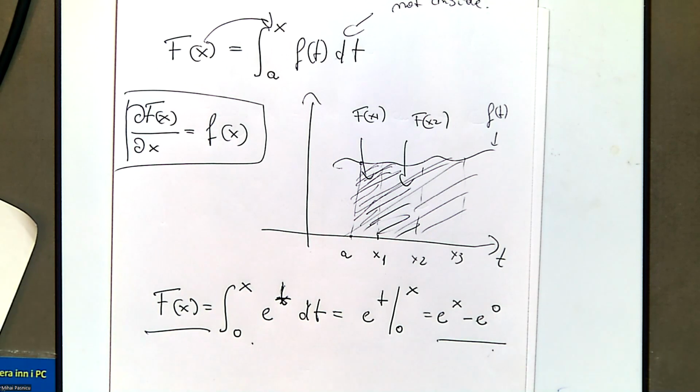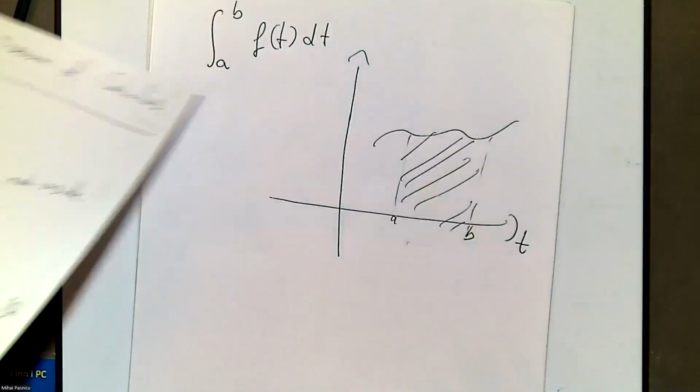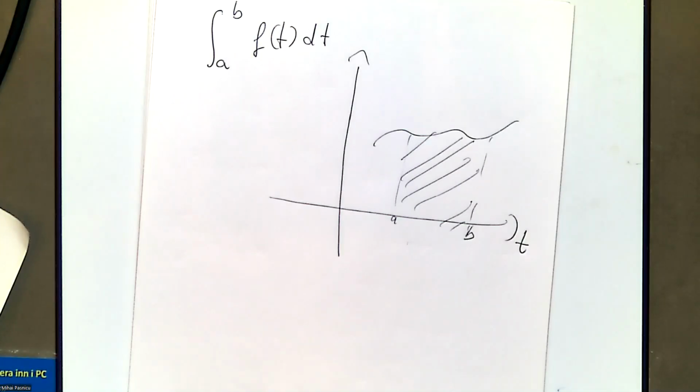So that's the best explanation I can give you. That x is basically just values that t can take along the axis, just as this a and b are values that t can get along the axis. Any other questions on this?